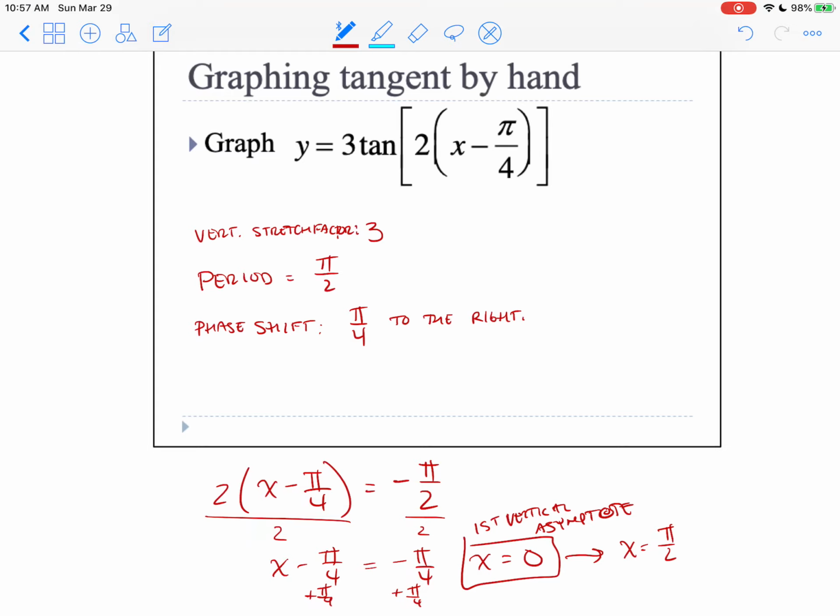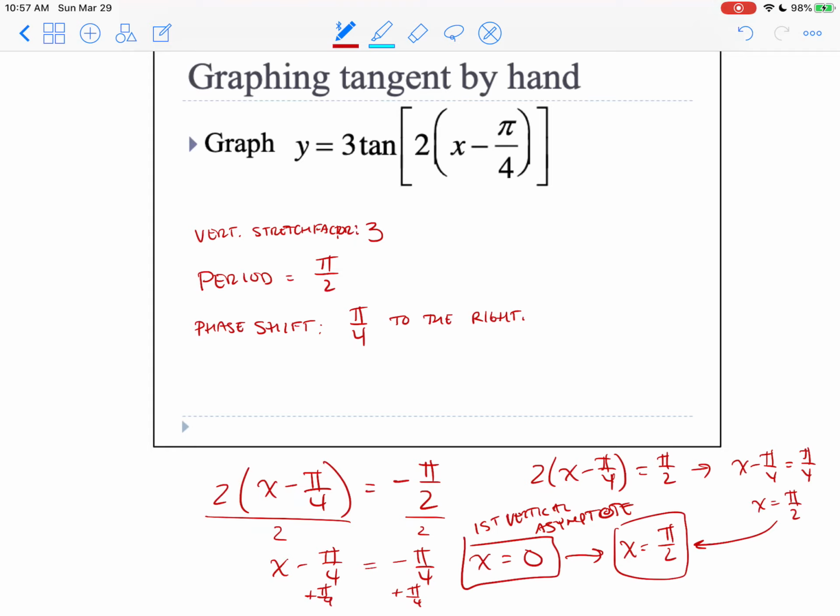I could have potentially set what's inside tangent equal to pi over 2, and when I do that, I get x minus pi over 4 equals pi over 4, and then when I add pi over 4, I get x equals pi over 2. And you can see this is another way I could have found that second vertical asymptote if I wanted to.